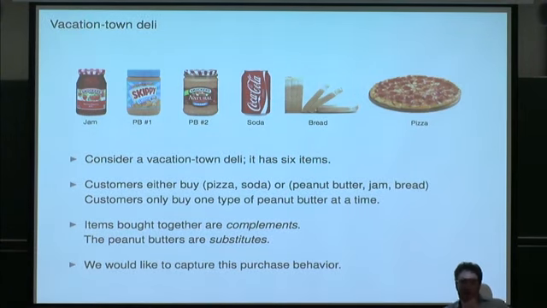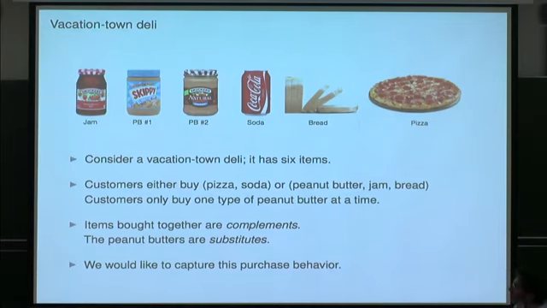Okay, this is a complicated slide. I'll just describe it with an example and then describe the general mathematics. So imagine you go to a vacation town and there's a deli there. Deli is like a grocery store in New York. And it only has 6 items. Okay?